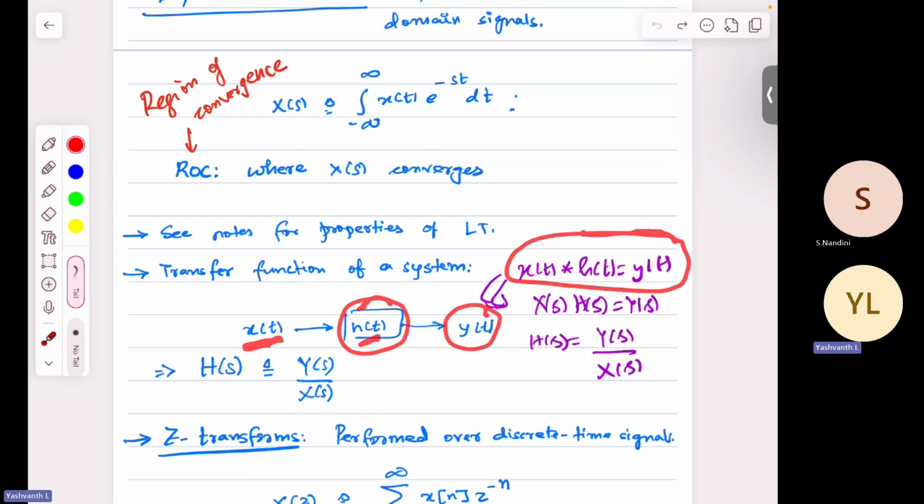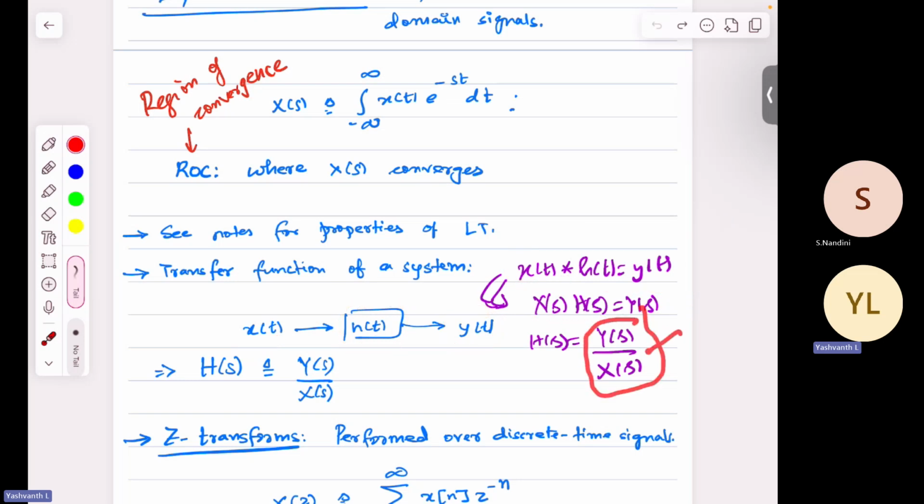By the convolution property of the Laplace transform, taking the Laplace transform on both sides gives the product of X of s and H of s equals Y of s. Now you define Y of s divided by X of s, which is nothing but H of s. This H of s is called the transfer function of the system. That is, the Laplace transform of the impulse response is called the transfer function of the continuous time system.